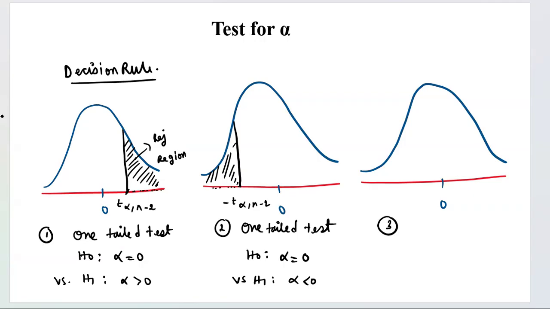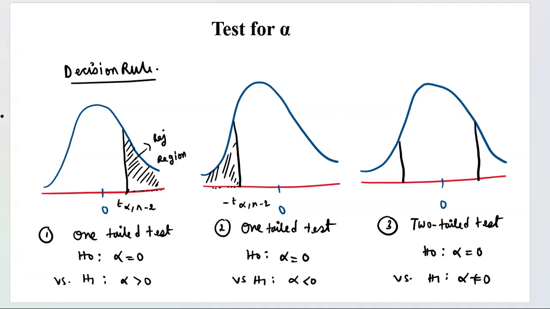And there is a third case, which is a two-tailed test, which says H naught alpha equals 0 versus H1 alpha not equal to 0. In this case, you will have two rejection regions. So this portion is a rejection region and this portion is also a rejection region. This value will be t alpha by 2, n minus 2, and this value will be minus t alpha by 2, n minus 2. So this is the decision rule.